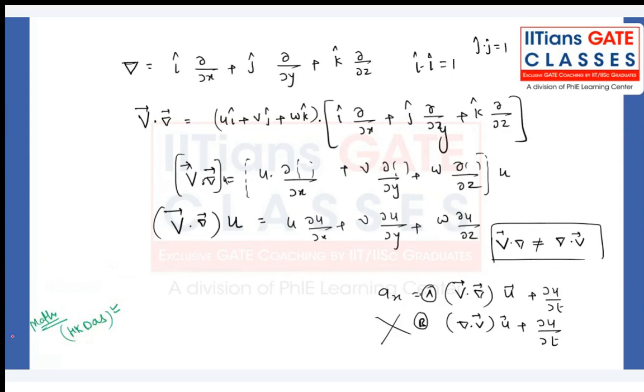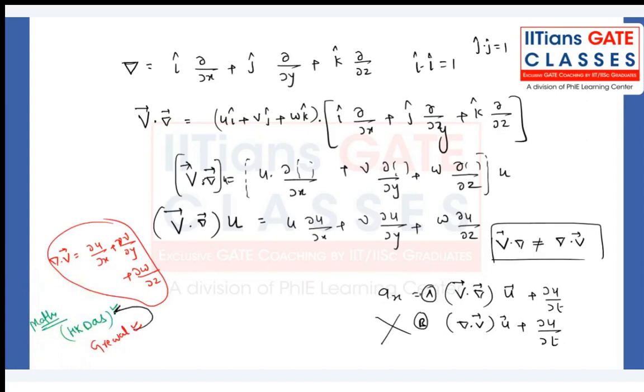Grewal is also correct, but more than Grewal, whenever you get stuck in any concept, try to go through H.K. Das. Because del dot V will give you dou u by dou x plus dou v by dou y plus dou omega by dou z. That is the continuity equation.